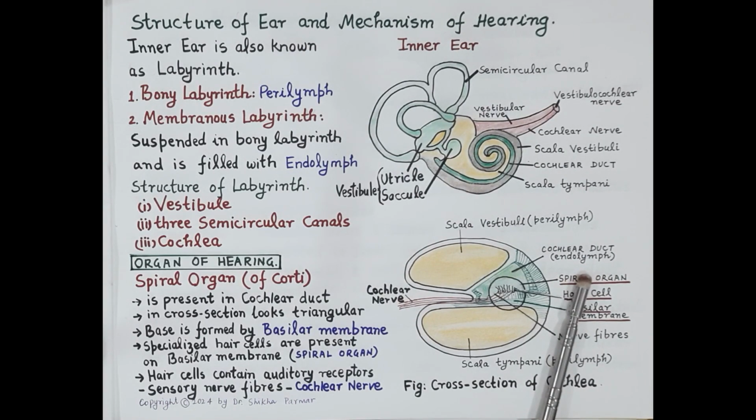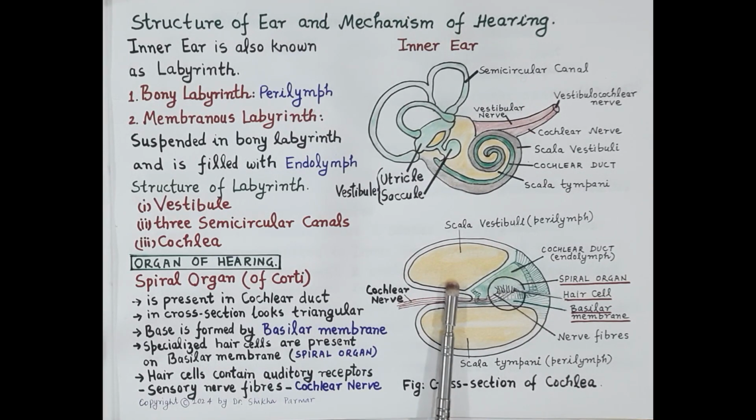Now, if you remember, we have studied that it is the oval window which connects the middle ear with the inner ear. So, the scala vestibuli originates at the oval window, whereas the scala tympani ends at the round window.